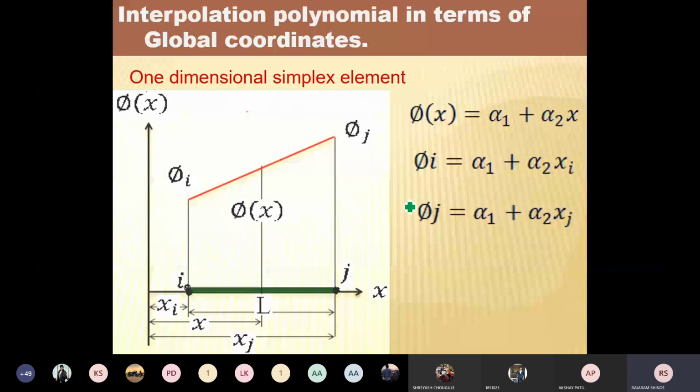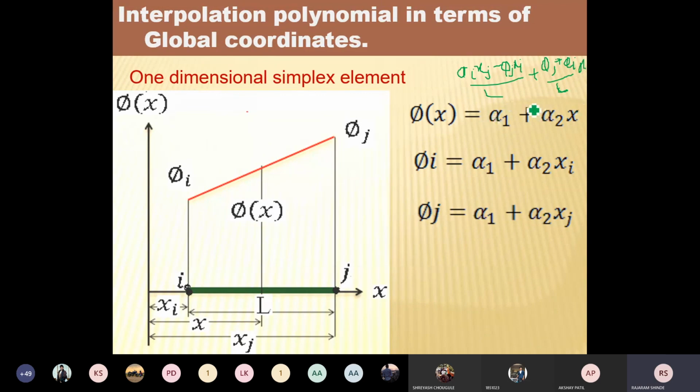Alpha 1 is phi i xj minus phi j xi divided by xj minus xi, which is L, plus alpha 2, which is phi j minus phi i divided by L, that is xj minus xi, into x. We have already derived this.